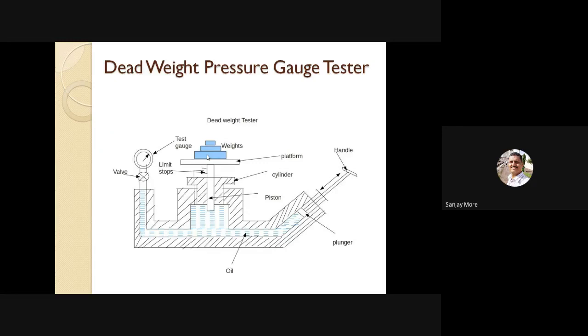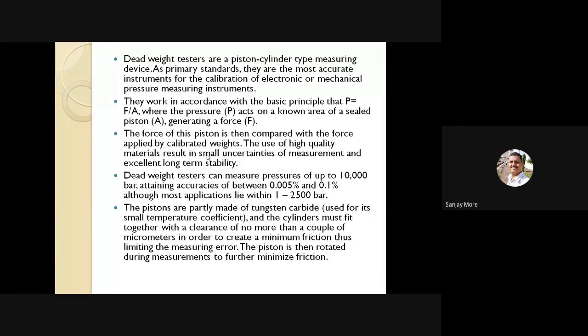Sorry for that, some problem is there. Okay. So the force of the piston is compared with the force applied by the calibrated weight.